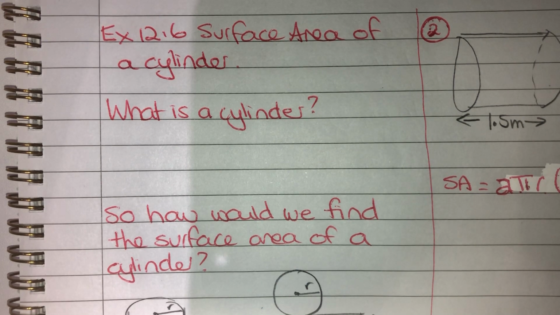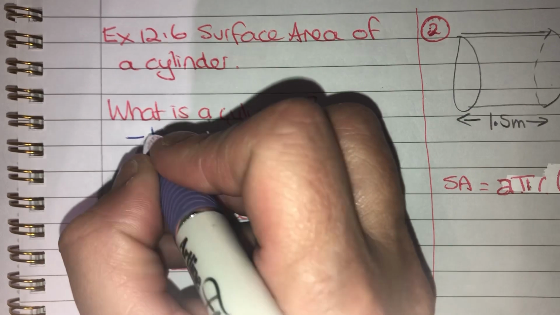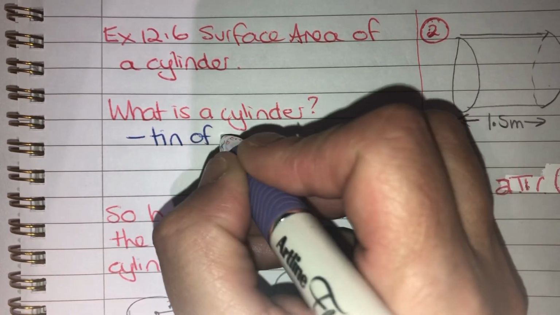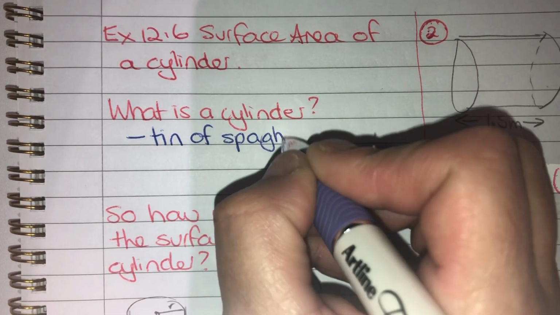All right, so first of all, we want to think about what a cylinder is, and we talked about it a little bit in the last video and showed you in the textbook that a cylinder, well, an example might be your tin of spaghetti, tin of whatever you want to write there, of course.